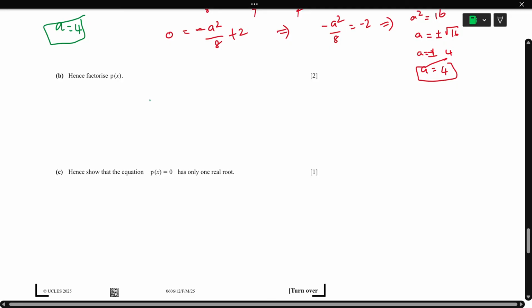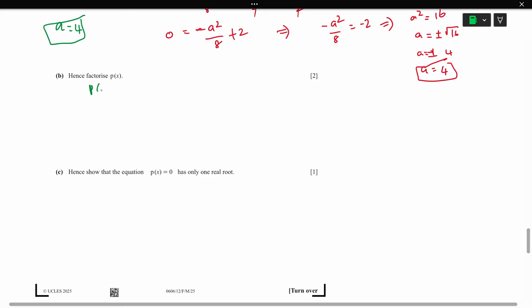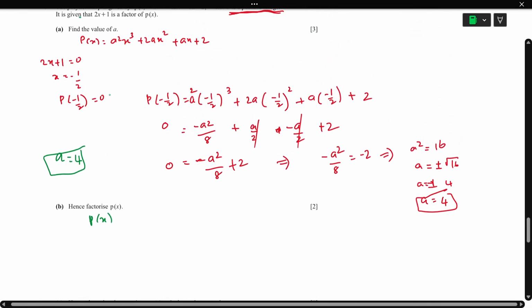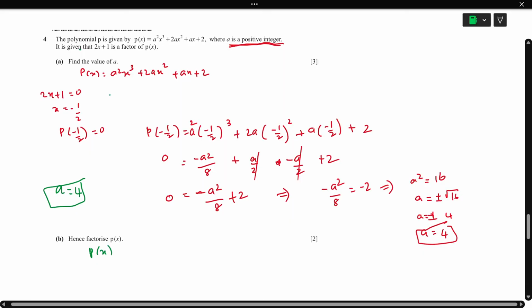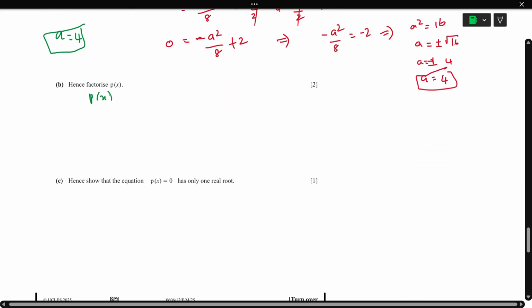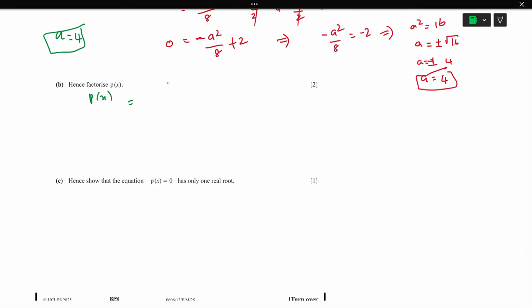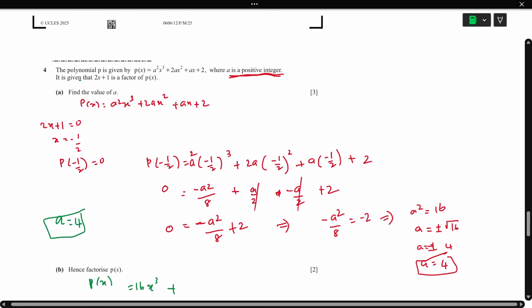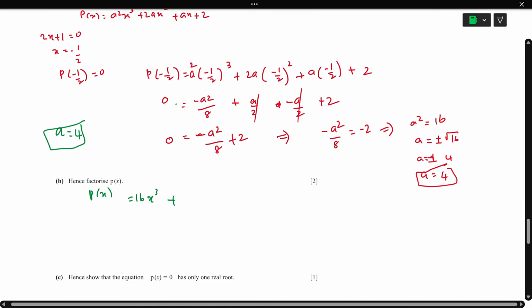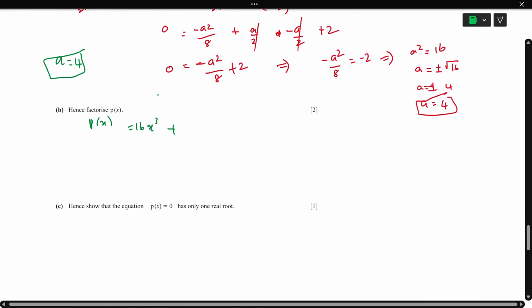Now we got the a value, so we need to substitute it in p of x. So 16x cube plus, 2 4s are 8x square plus 4x plus 2.